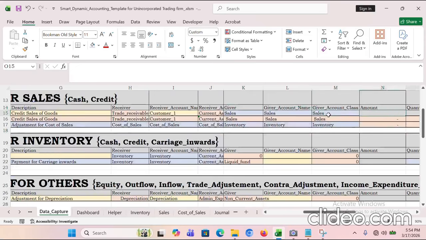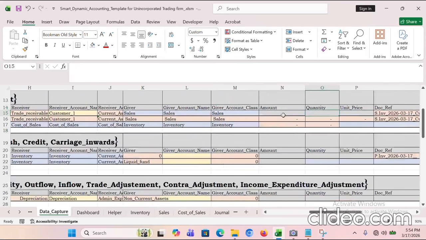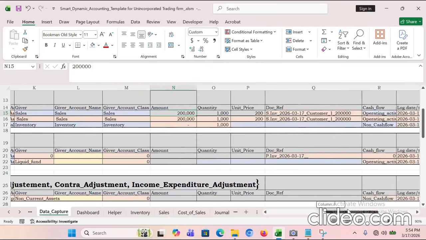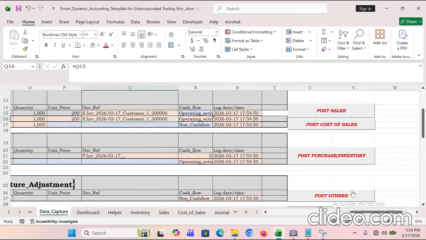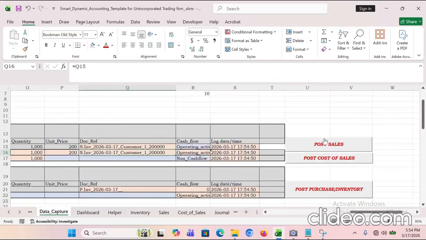So let's assume we sold 1,000 units at the selling price of 200 naira. So 200 times 1,000 is 200,000, right? So that's generated the invoice number. And so let's click on the post sales.